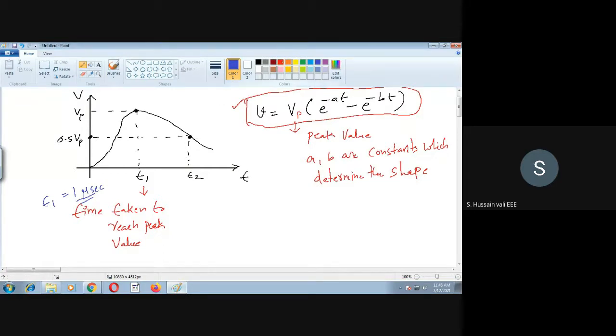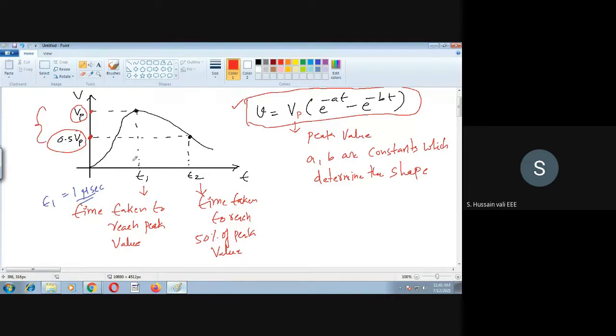Whereas T2 is the time taken to reach 50 percent of peak value. You see here, this point is Vp, whereas this point is 50 percent of the Vp. So now there is a difference here.